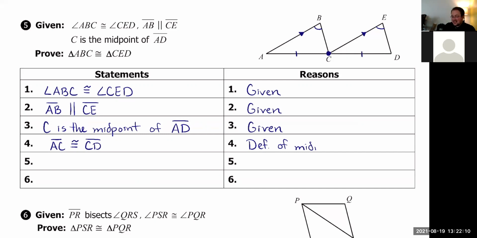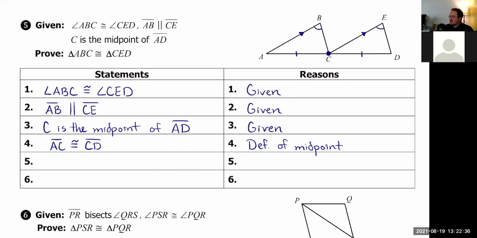Now, what that tells me is I already used the given information that C is the midpoint. I've probably already exhausted all the help that's going to give me. And the first statement was just very cut and dry. It just said, hey, these two are congruent. Not much more we can take from there. What we haven't used yet is these parallel segments.